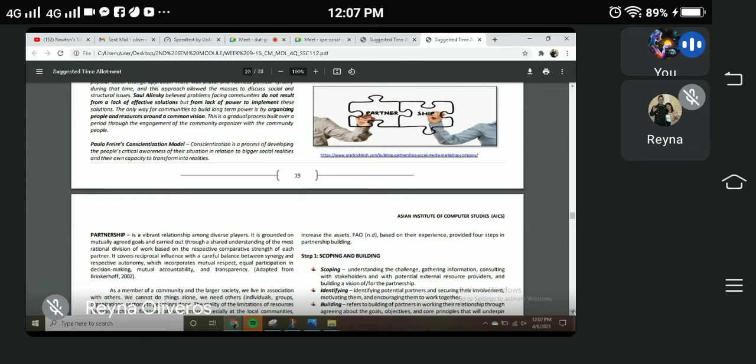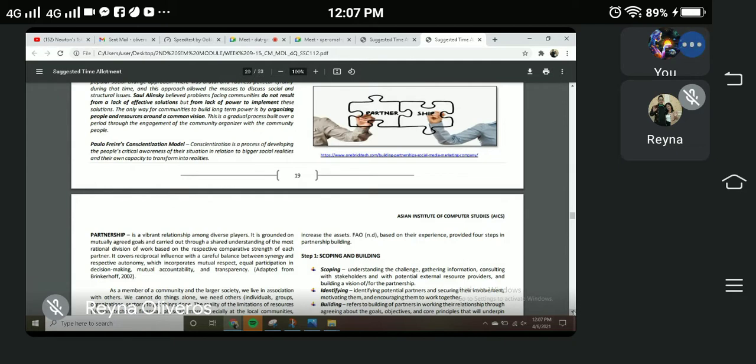And it covers also the reciprocal influence. When we say reciprocal, there is a mutual, or when we say bringing back what is given.